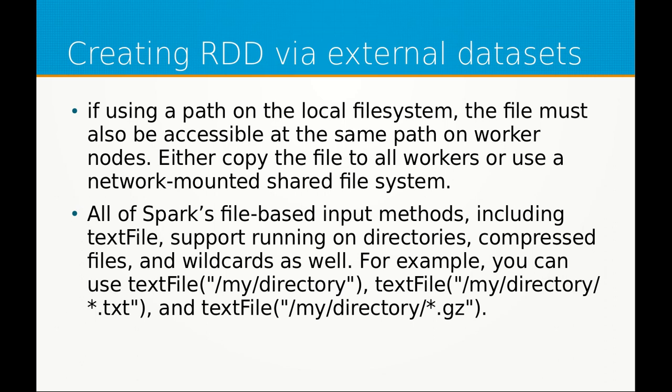The worker and the file should be on the same path or mounted on the same shared system. If not, we have to copy the file and send it to all the workers across all the different nodes. Either it should be on the same file system, or we have to send the file to all the worker nodes.